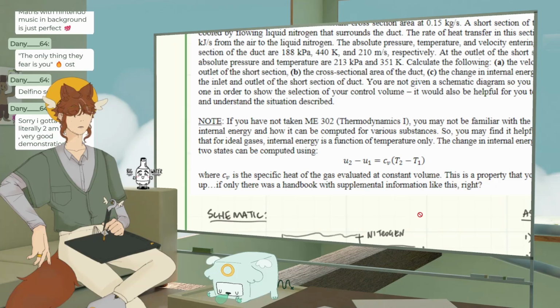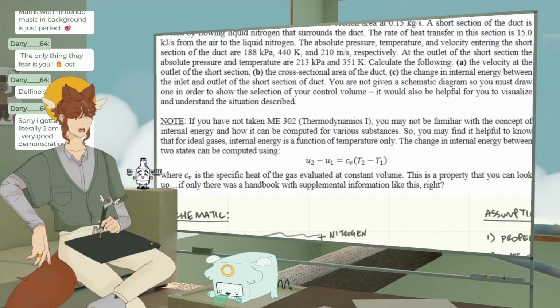Change in internal energy. What am I trying to find, though? It literally says the change in internal energy between two states is Cv times T2 minus T1.